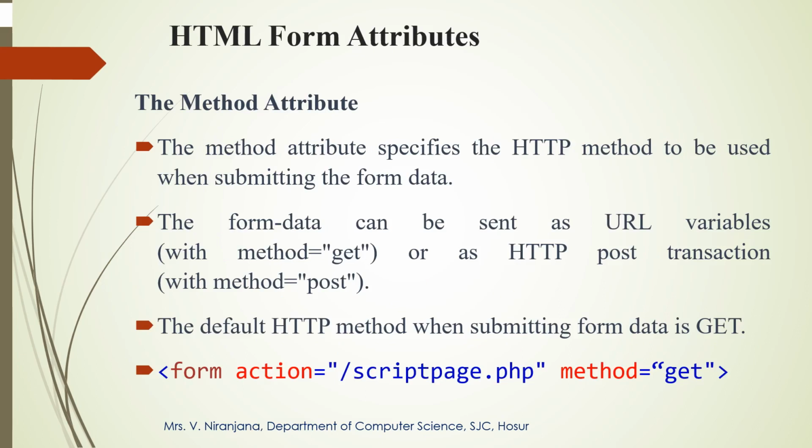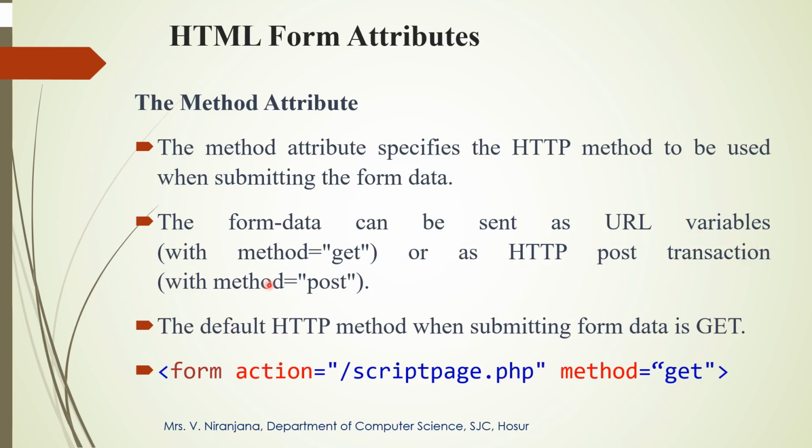Next, we will see the method attribute. The method attribute specifies the HTTP method to be used when submitting the form data. This attribute will decide how the data will be submitted to the server. There are two methods we can use, get or post. When you use the get method, the form data is sent as URL variables.